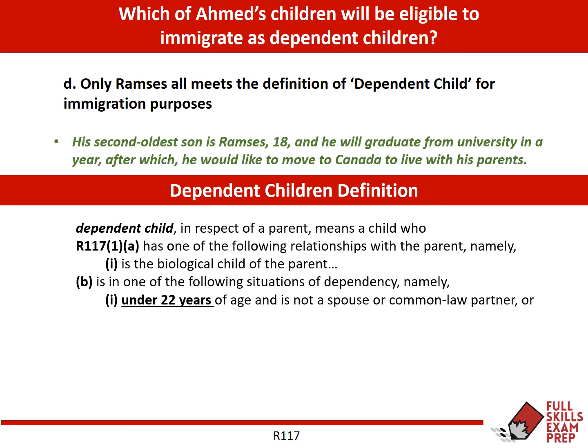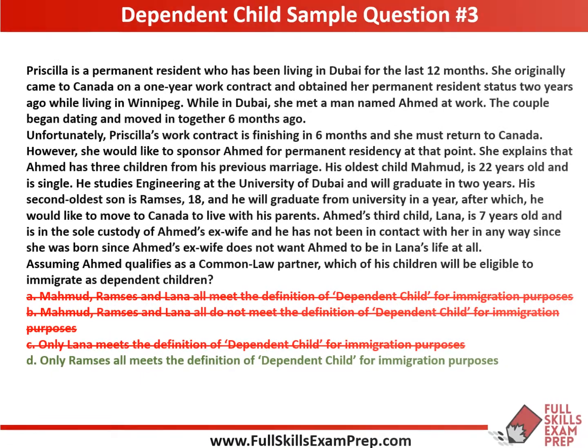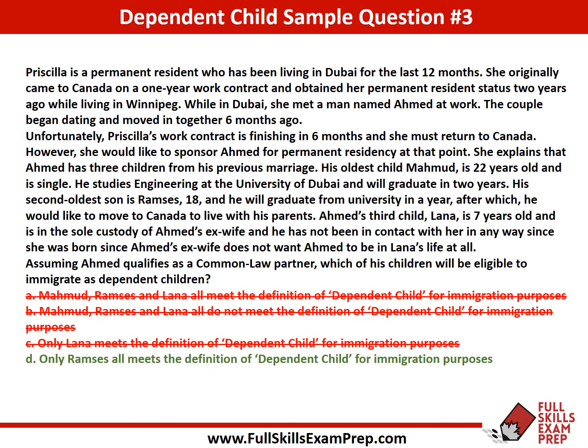And as long as he remains under 22 when he comes to Canada to activate his permanent residency, well, then he, of course, meets the definition of a dependent child. So in the end, we have D as the correct answer.